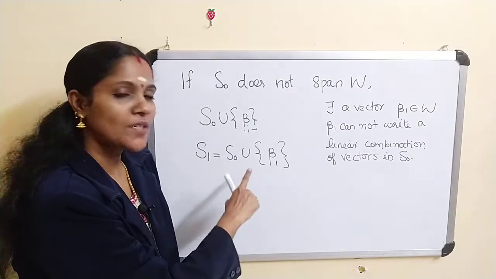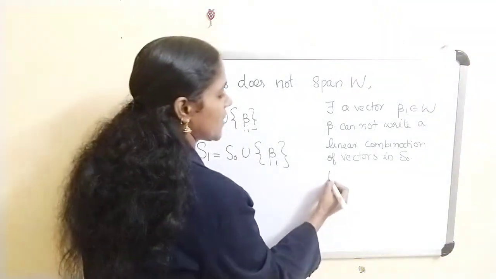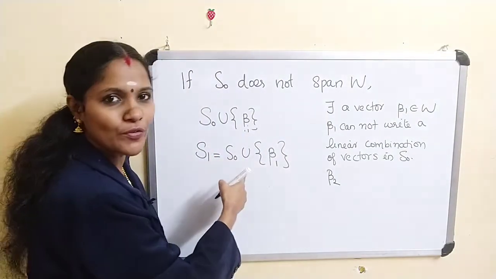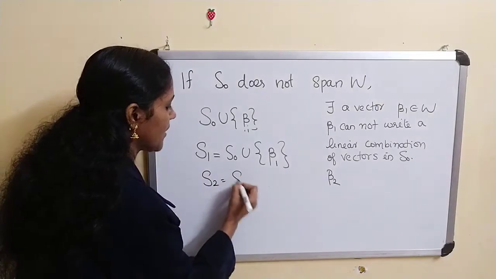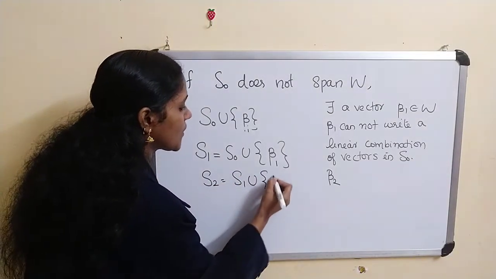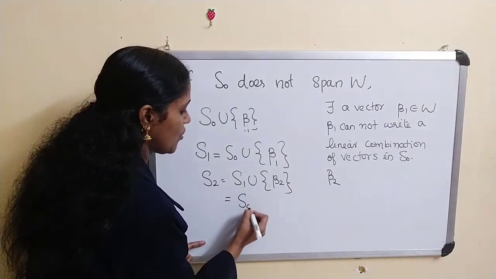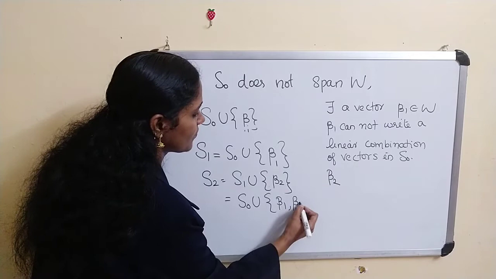Suppose this does not span W. That means there exists a vector beta 2 that cannot be written as a linear combination of this. So I denote S2 equal to S1 union beta 2, which is the same as S0 union beta 1, beta 2.